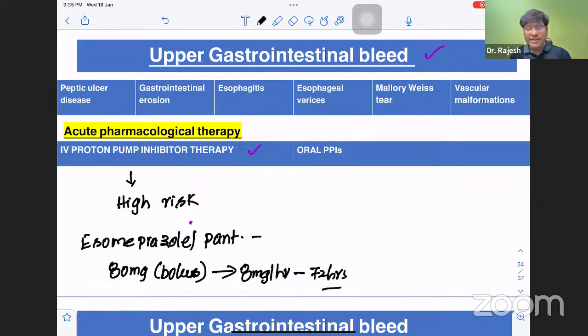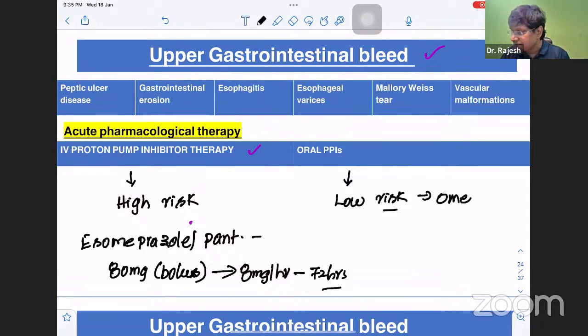Okay, then you take low risk patients. For low risk patients, you should give oral proton pump inhibitor therapy. For that, either you can give omeprazole, or esomeprazole, or pantoprazole.